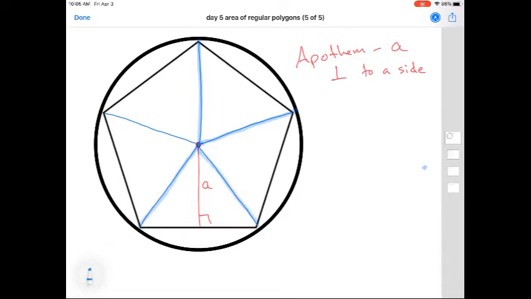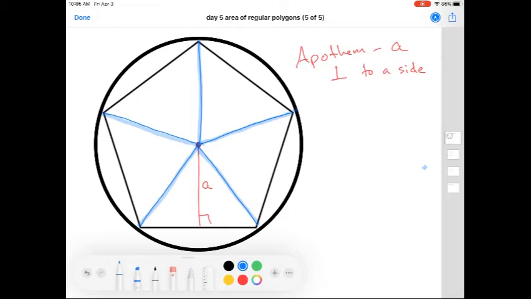Since they're all congruent, we know that all 5 of these triangles are exactly the same. So all we have to do is find the area of one triangle and add it 5 times, or a faster way is to multiply by 5.